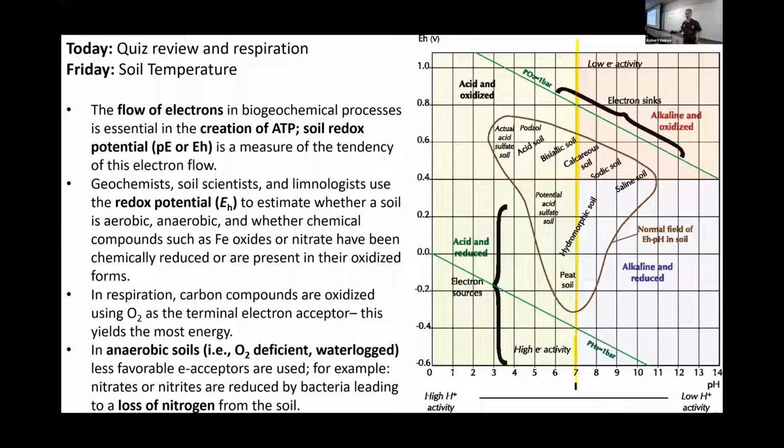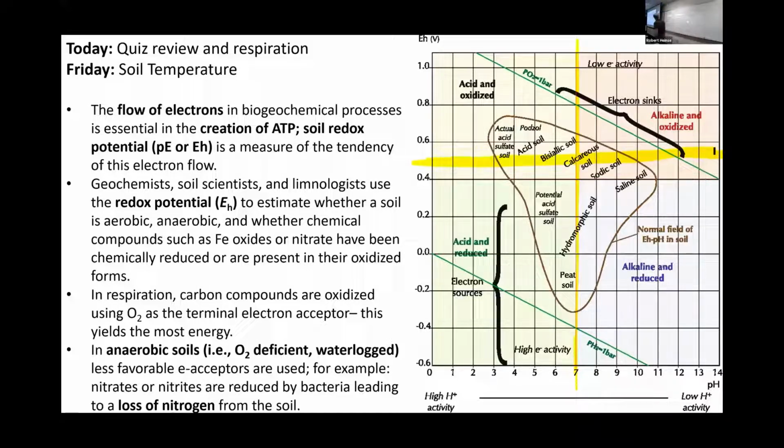Right? And then we've added something new to it to say that, well, there's not only the activity of protons to consider, but there's also the activity of electrons to consider. And that added a new axis to it, and the neutral for that is about 470 millivolts. So somewhere around here is our arbitrarily defined neutral condition.